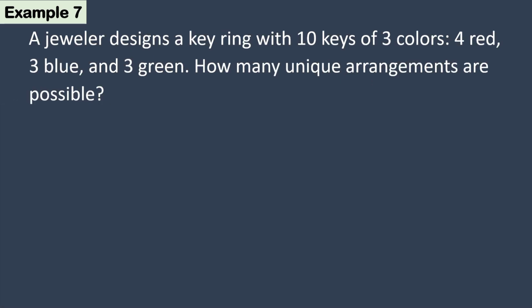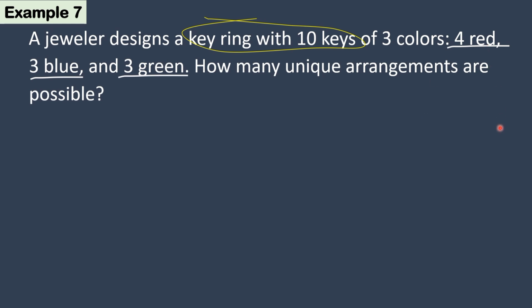Example 7. A jeweler designs a key ring with 10 keys of 3 colors: 4 red, 3 blue, 3 green. How many unique arrangements are possible? To determine the number of unique arrangements of the 10 keys in a circular pattern, consider the repetitive colors.